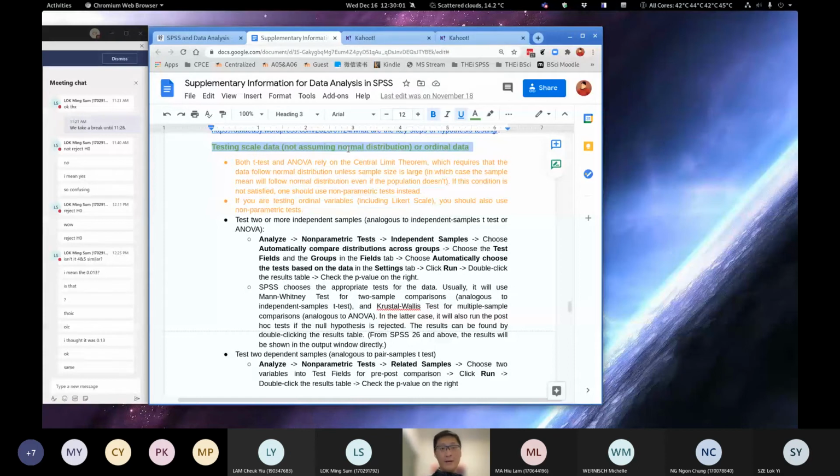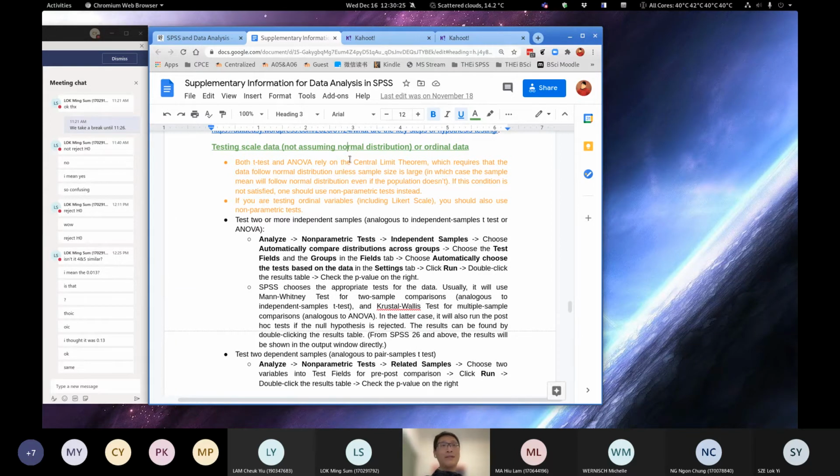Ordinal means Likert scale. Many people try to use the t-test to test the Likert scale data, but that is not correct because Likert scale data are ordinal data but not scale data. Now, it turns out that in this case, you need to do another type of test.